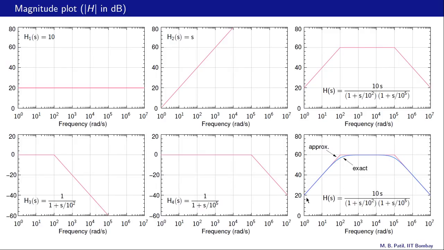It compares pretty well, and definitely away from the poles or away from the corner points, the agreement is perfect, and even in between we have an excellent idea of what our magnitude plot is going to look like.